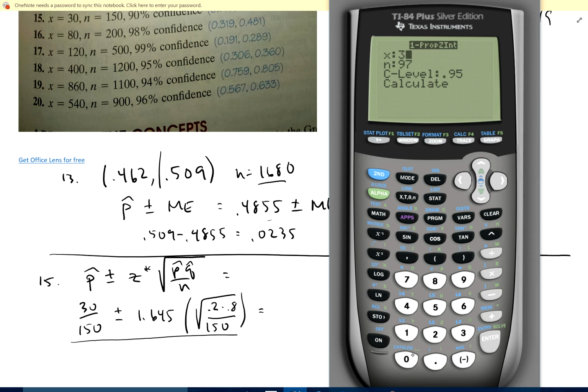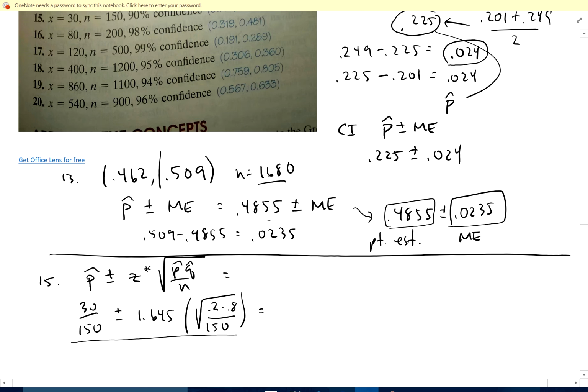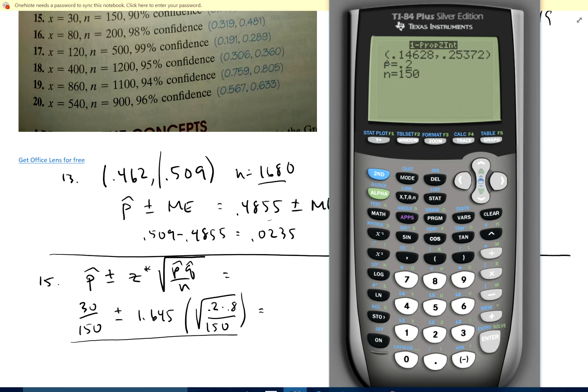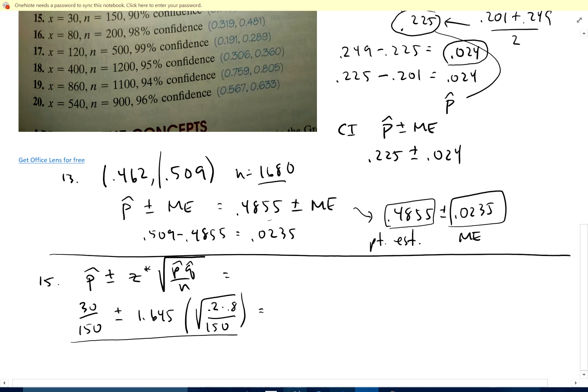X is 30, n is 150, confidence level is 90, and there's my confidence interval. So that's the interval: 14.6 to 25.3. Okay, so there's my 90% confidence interval.